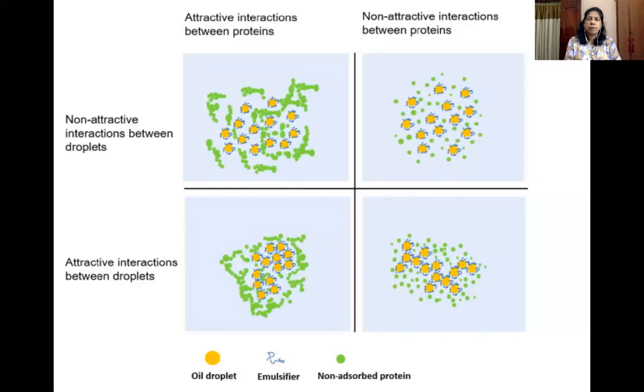Let's say the first picture, the top left one, is A, the top right one is B, the bottom left one is C, and the bottom right one is D. The four situations are different, but we can consider all of them as emulsions. In this case the protein is there, lipids are there, emulsifiers are there, but all the situations are emulsions.